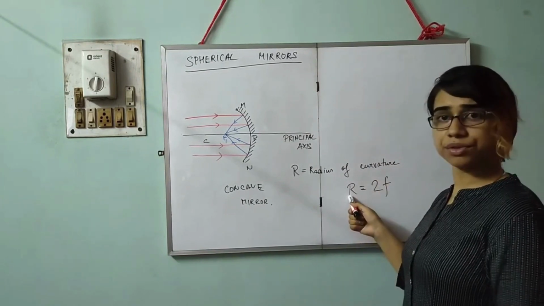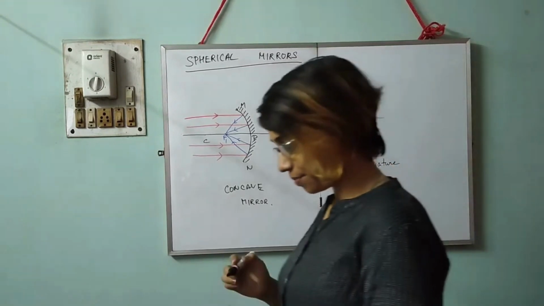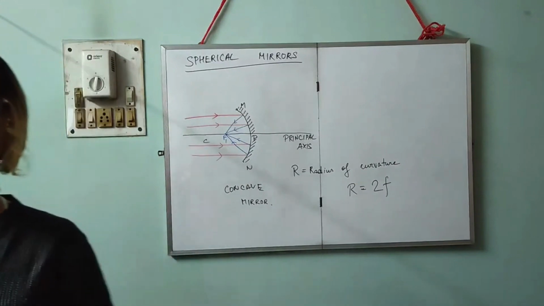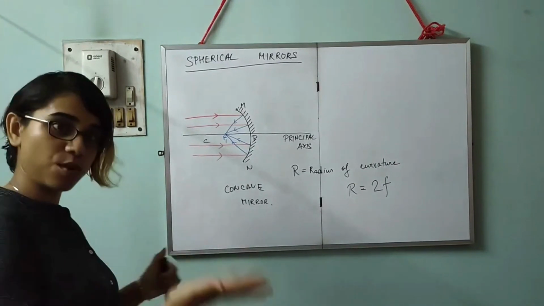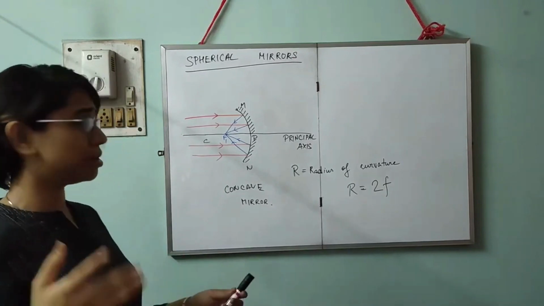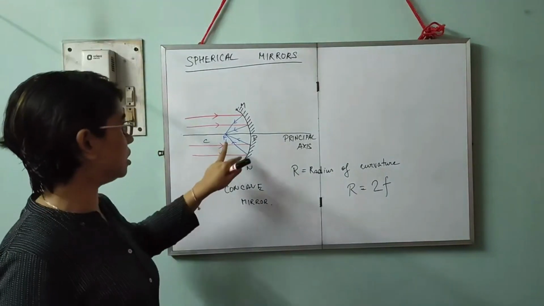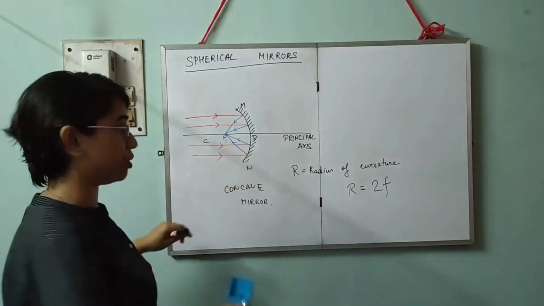So R is the radius of curvature and small f is the focal length. Capital F is the focal point. Small f is the focal length. So don't get confused, for those who are learning this new. So this is the principal focus for a concave mirror.